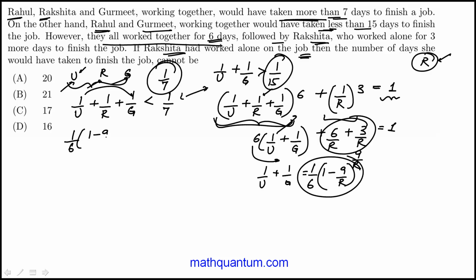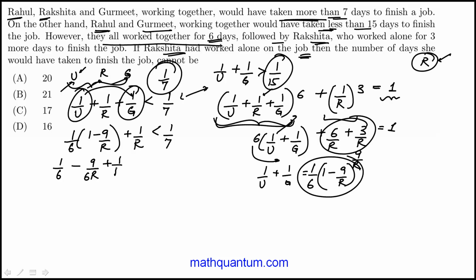So I can replace those 2 with this equality: 1/6 times 1 minus 9 over R, plus 1 over R. So I'm taking these 2 pieces, so that way I'll see what it tells me about R. And this would be 1/6 minus 9 over 6R plus 1 over R. And then this is 3 over 2. So 1 over 6, I'll move this here.